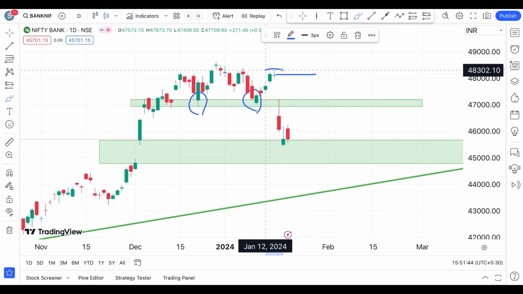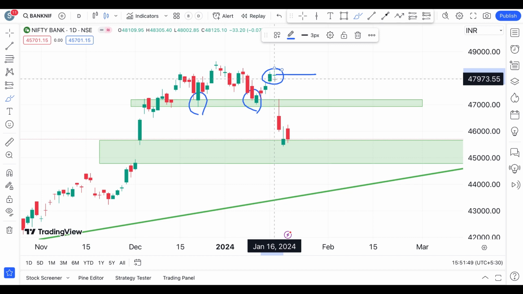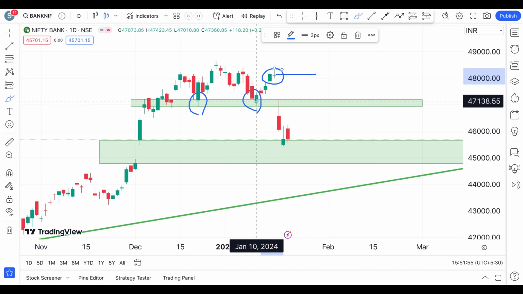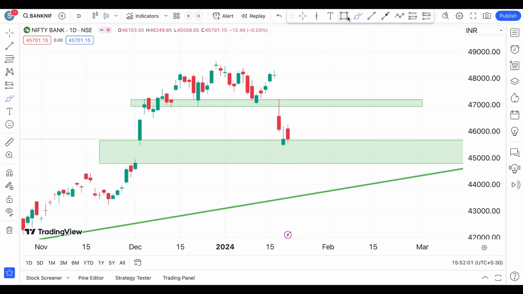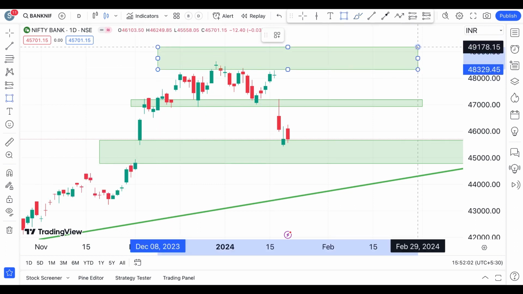Even today, on these two particular days, we said that it is a harami pattern, an inside candle pattern, which may put some halt to the momentum. And at that place, the current momentum was towards the upper side. So this is how the Bank Nifty chart looks on a daily time frame.